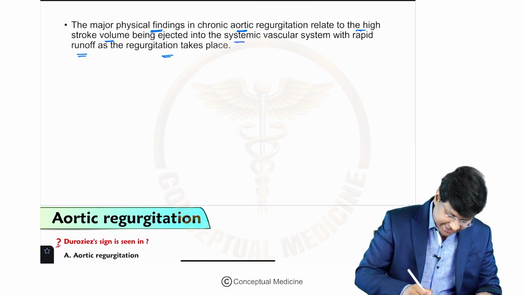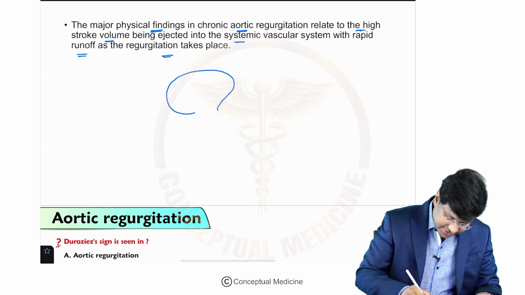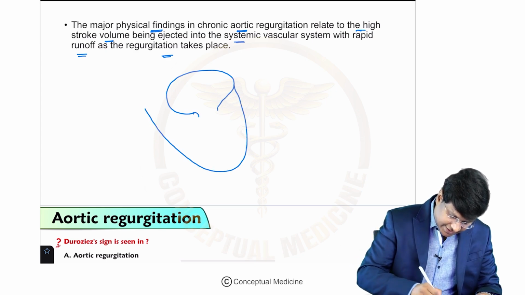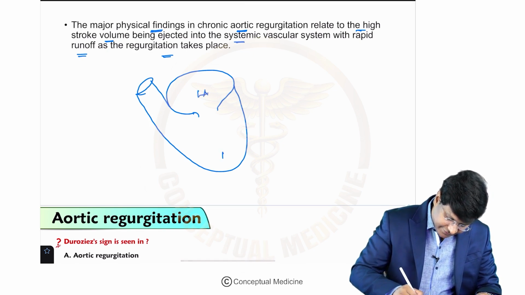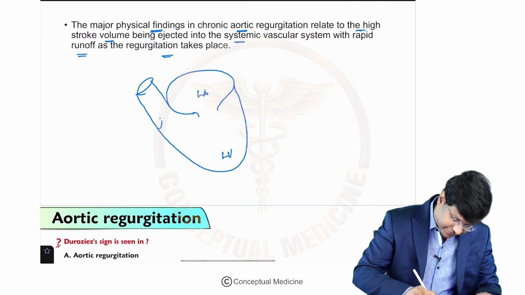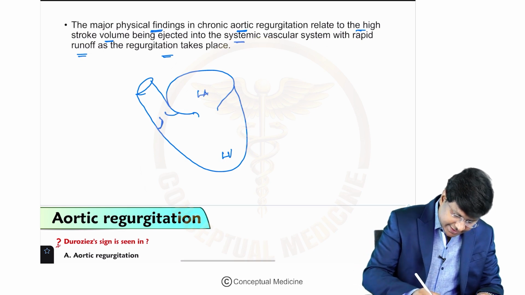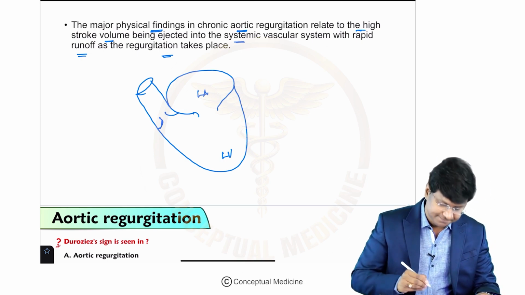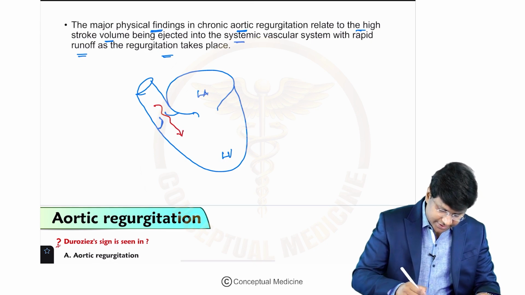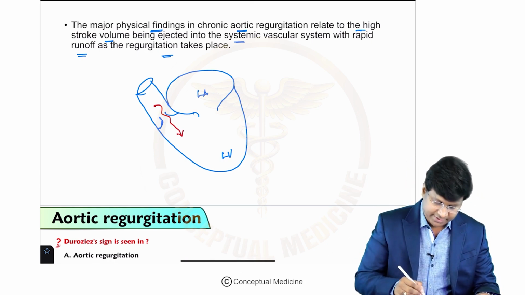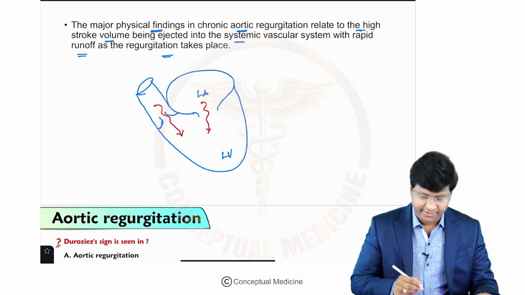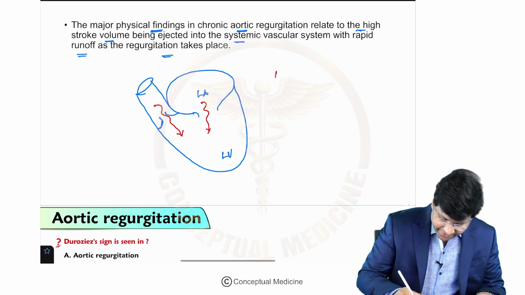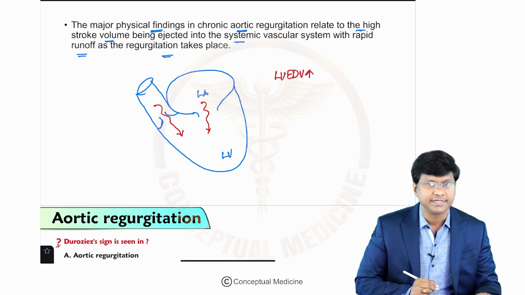So what does that mean? Consider this is the left side of the heart: the left atrium, then the left ventricle, then the aortic valve. In aortic regurgitation, the blood from the aorta regurgitates back into the left ventricle, and at the same time the blood from the left atrium is also entering the left ventricle. So the LV end diastolic volume increases.